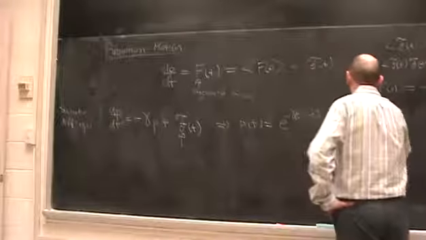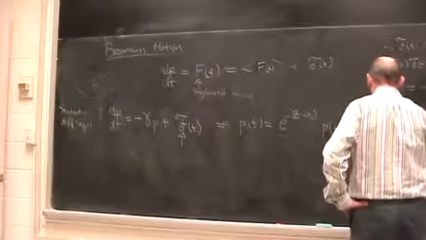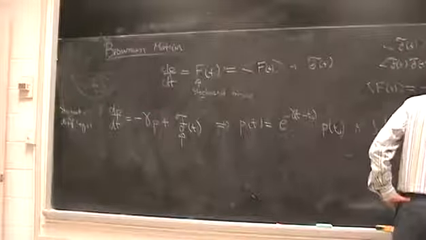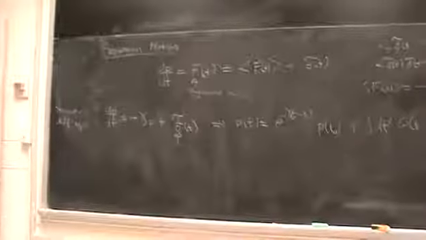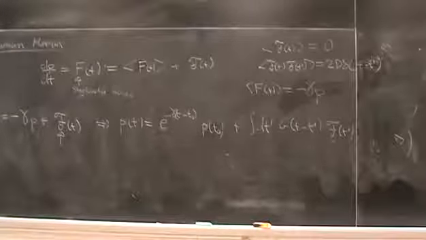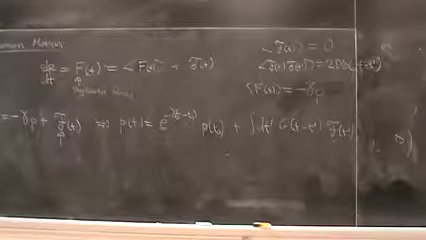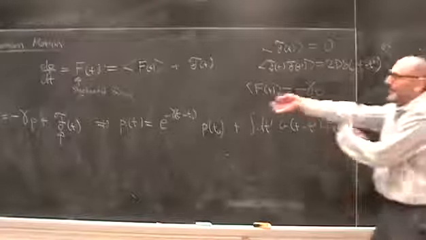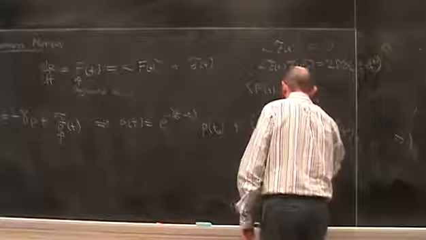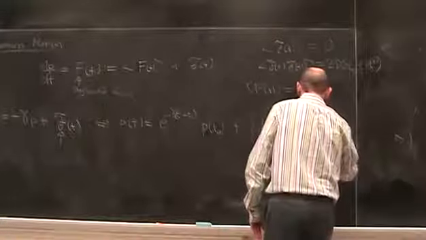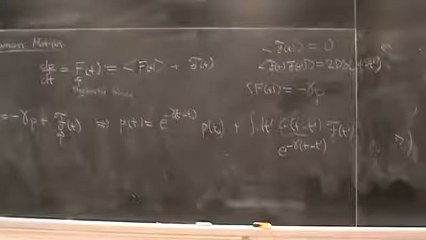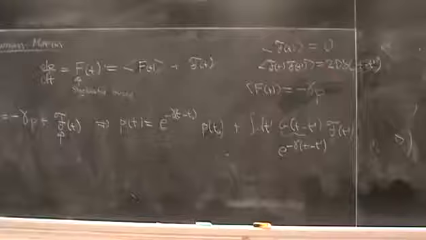And then I have the convolution of the Green's function with the source. And what's the Green's function for that equation? Well, it's just an exponential itself, right? e to the minus gamma (t minus t prime). So that's just the solution, stochastic or otherwise.